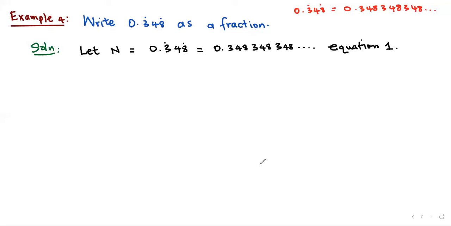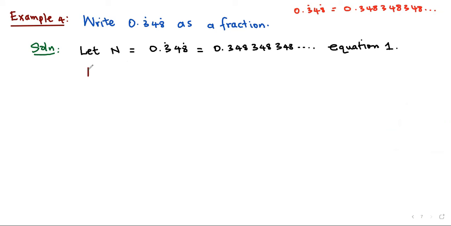Remember, when we have one digit repeating, we multiply by 10. When we have two digits repeating, we multiply by 100. So when we have three digits repeating, we will multiply by 1000.